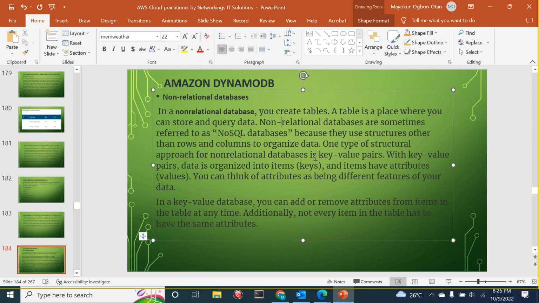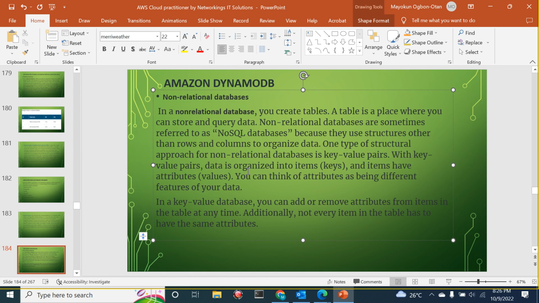One type of structural approach for non-relational databases is key value pairs. With key value pairs, data is organized into items (keys), and items have attributes (values). You can think of attributes as being different features of your data. In a key value database, you can add or remove attributes from items in the table at any time.